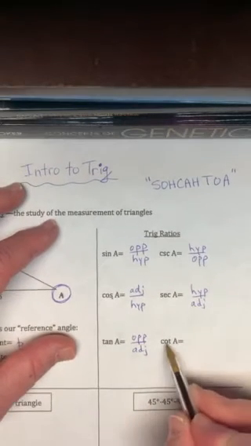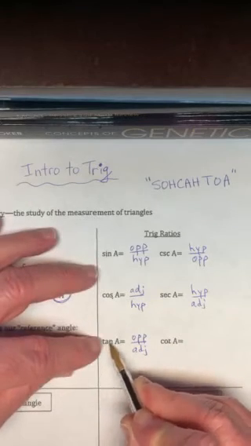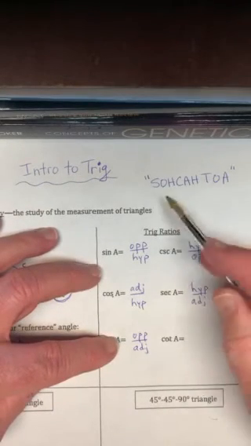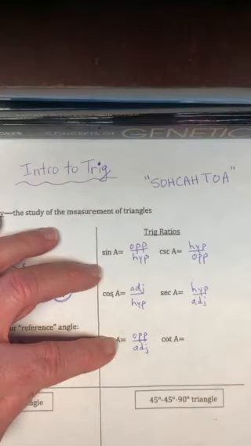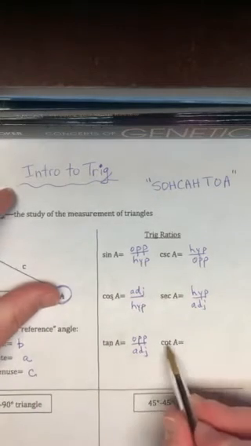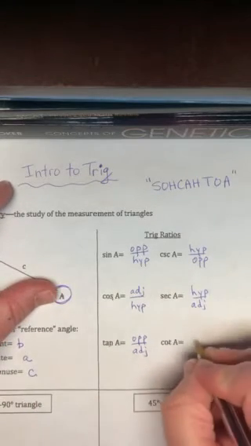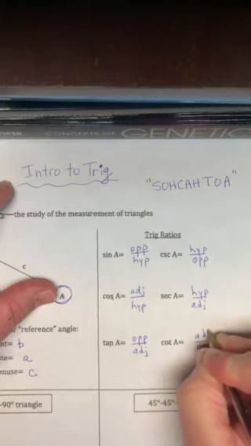And finally, cotangent is the reciprocal of tangent. So if tangent was, remember SOHCAHTOA? Opposite over adjacent, you've got to have those three memorized. When you reciprocate it or flip it, cotangent must be what? Adjacent over opposite.